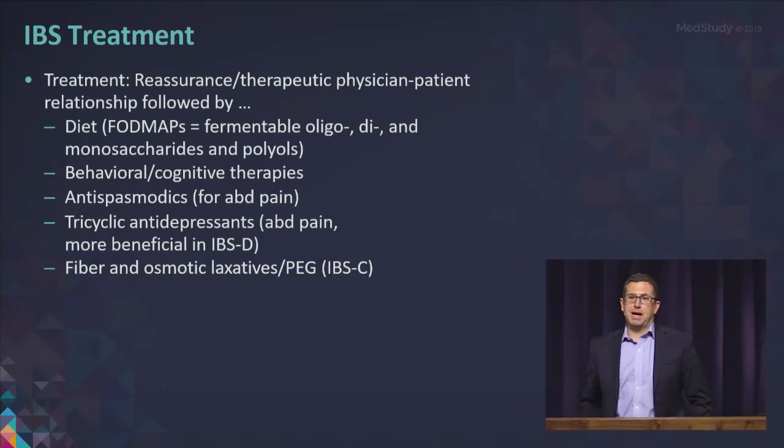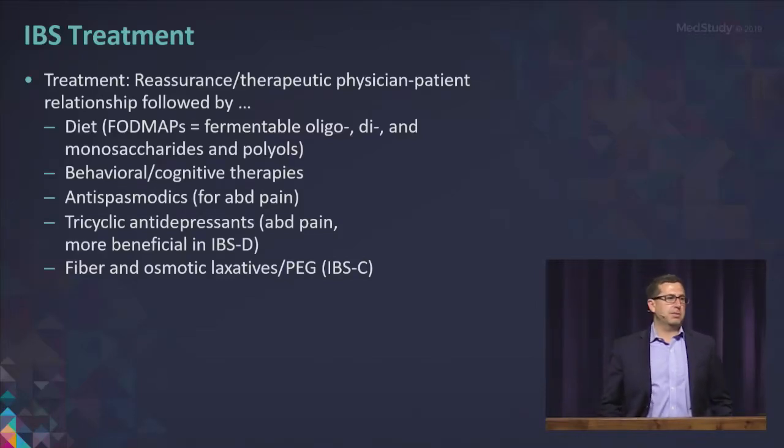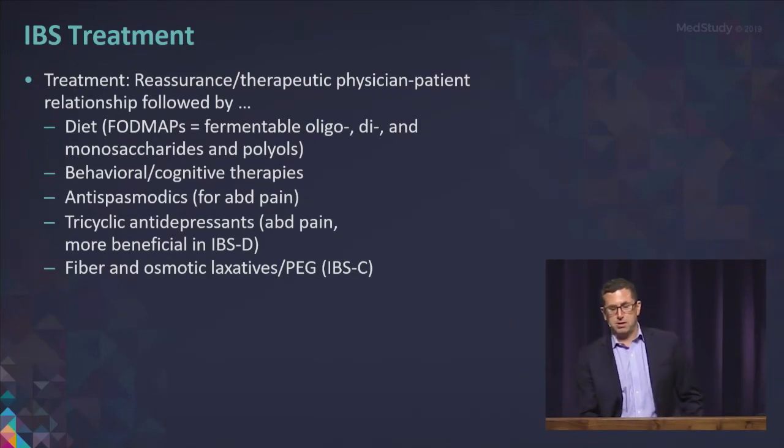You could use spasmodics, particularly if the patient is having a lot of abdominal discomfort. If the patient has IBS-D, tricyclic antidepressants can be useful because these TCAs tend to have antidiarrheal qualities. And you could try fiber and osmotic laxatives or PEG solutions, particularly for IBS-C.